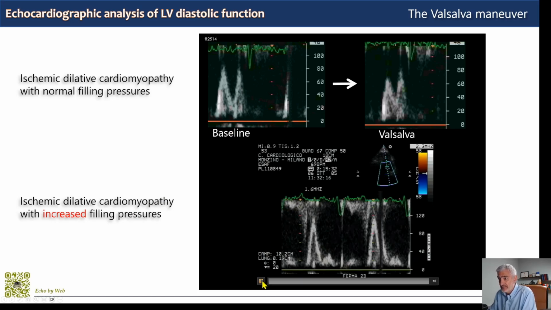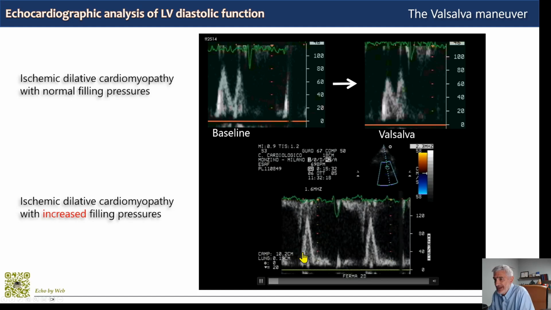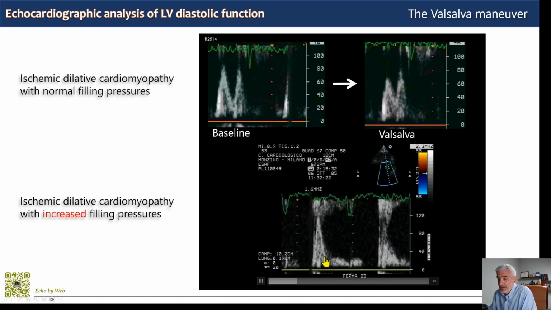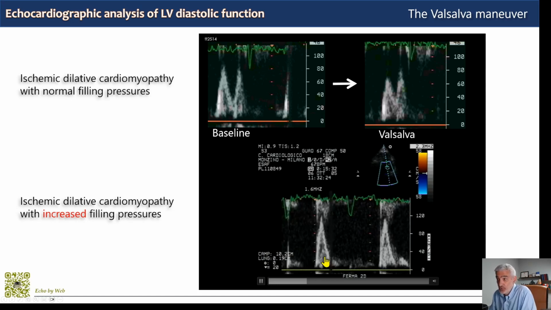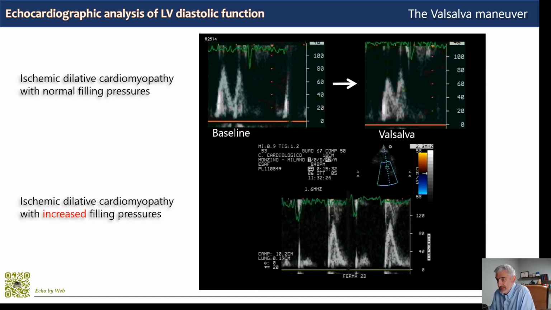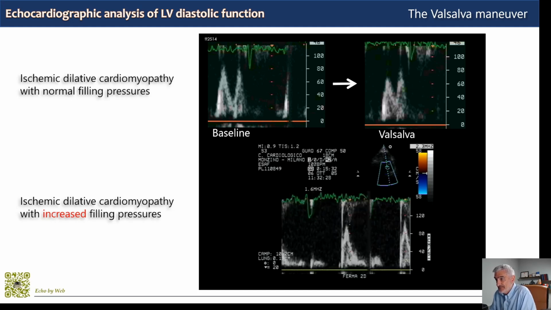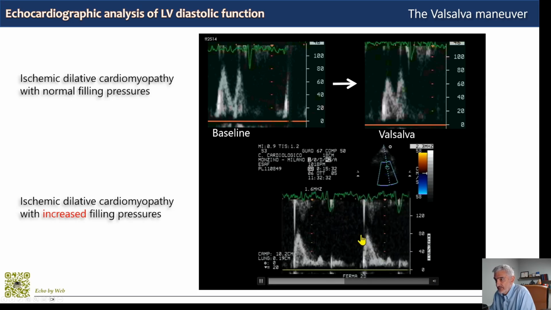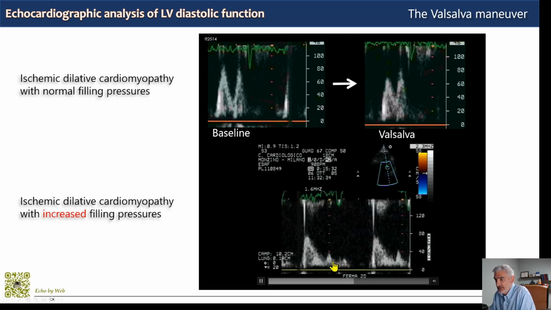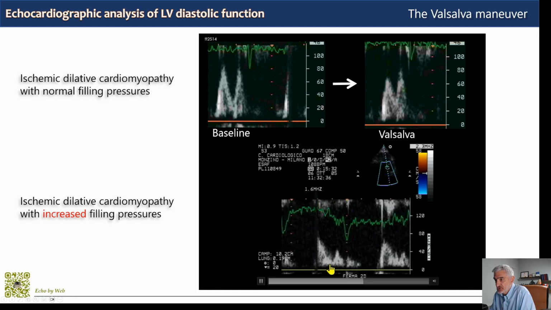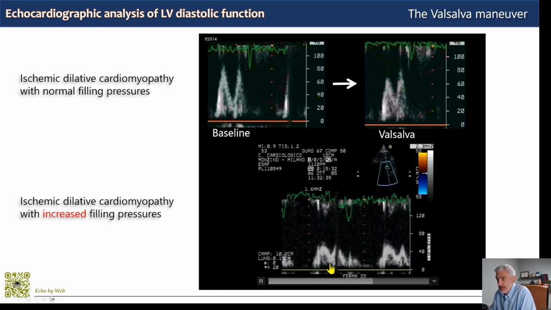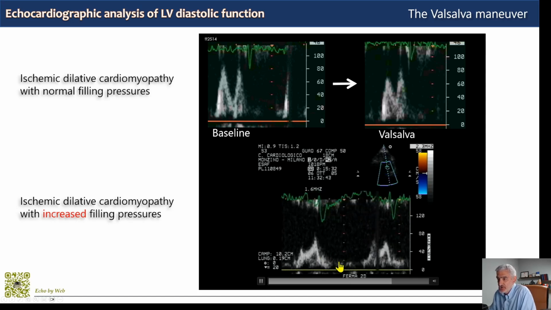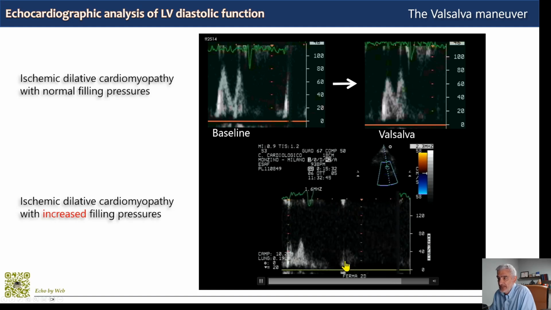But here, in this patient with a very high EA ratio in the baseline, we see here in real time the Valsalva Maneuver. You see that it doesn't take much, and here you start beginning to see a reduction of the E wave, an increase of the A wave, increase in deceleration time. Look, the E wave is plummeting, and now we have an inversion of the EA ratio at the end of the Valsalva Maneuver.